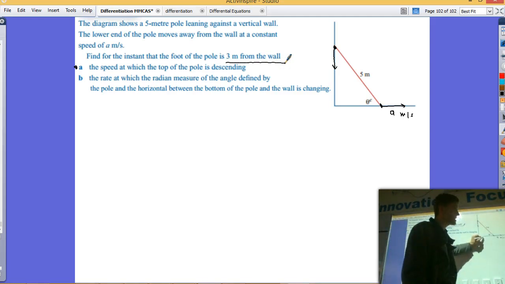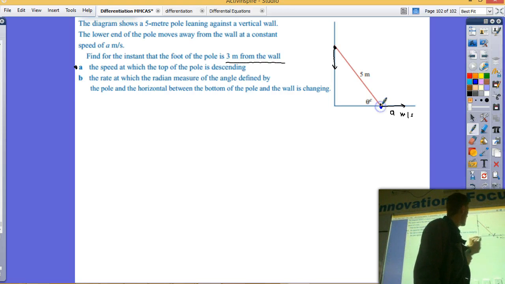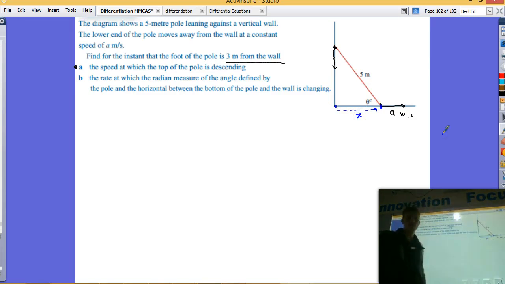We've got some length away from the wall here, from there to there. We're going to call that x. Okay? Which is now going to represent the distance of the foot of the pole away from the wall.